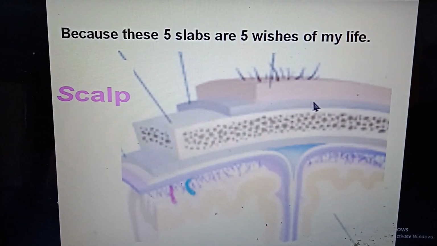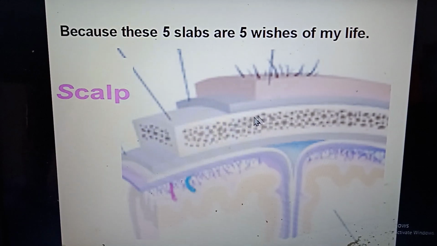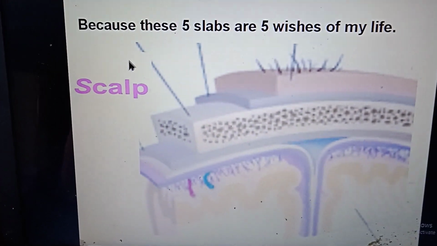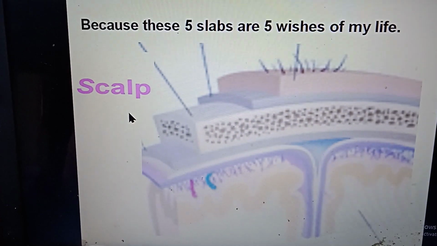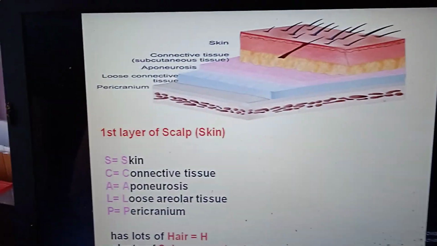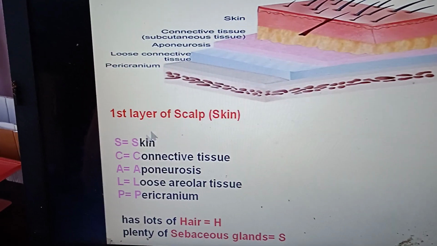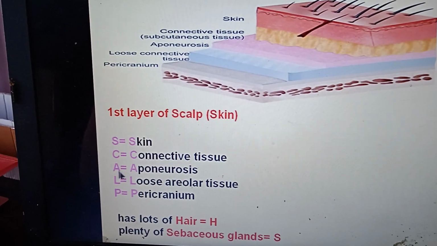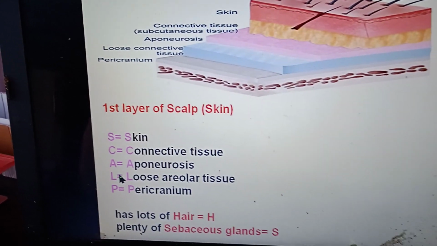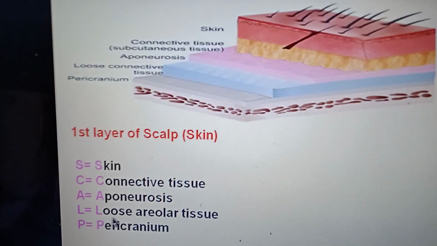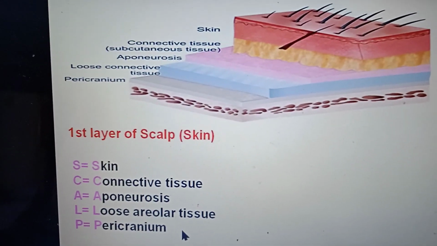but it's not tired. Just a hint that there are 5 layers in the scalp, and we all know it's a mnemonic for its own, that S for the skin, C for connective tissue, A, that is aponeurosis, L, loose areolar tissue, and P for pericranium.